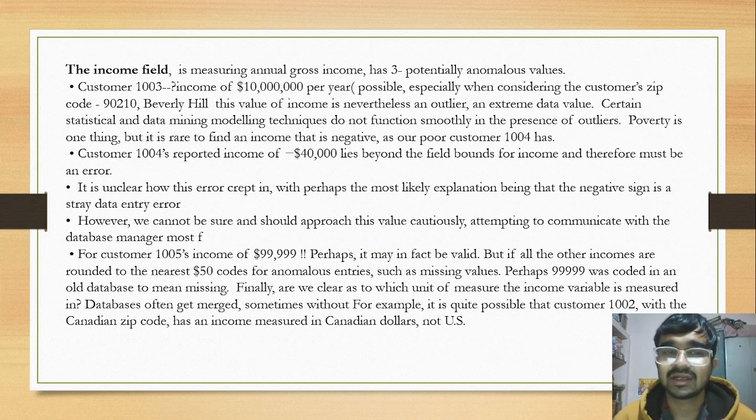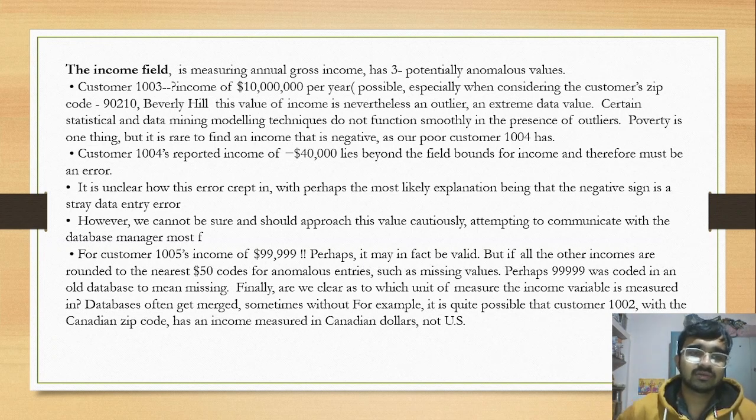It is unclear how this error crept in, with perhaps the most likely explanation being that the negative sign is a stray data entry error. However, we cannot be sure and should approach this value cautiously, attempting to communicate with the database manager.